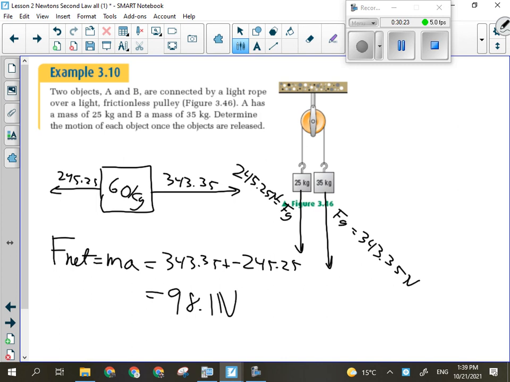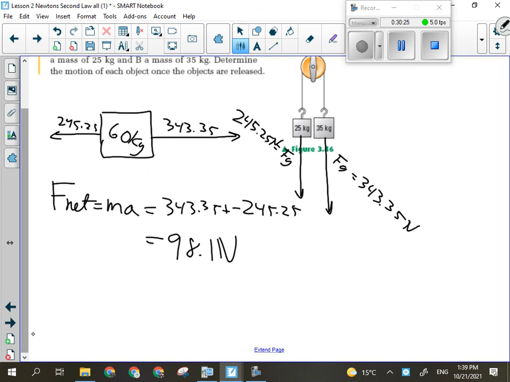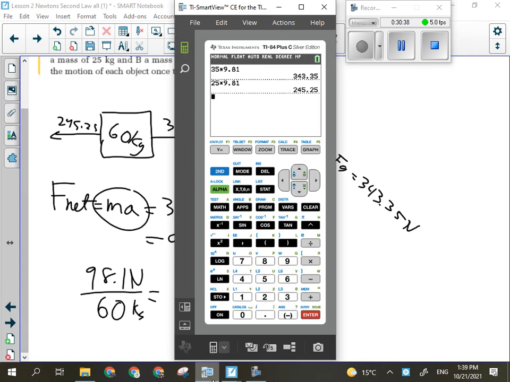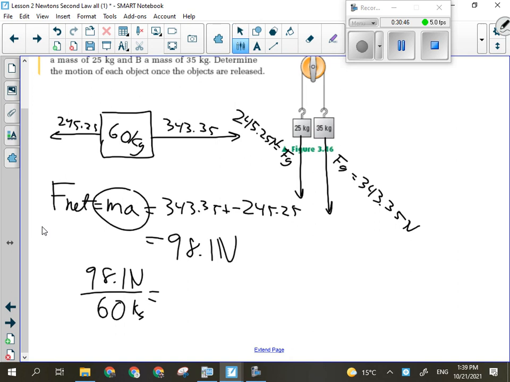So I'm going to take my 98.1 newtons, okay? Take this, okay, put it over there. So I'm going to have 98.1 newtons divided by the mass of the system. So newtons divided by kilograms will leave me with the acceleration. Okay, 1.6 meters per second squared.